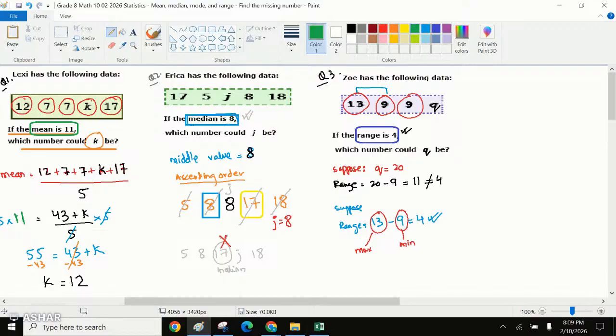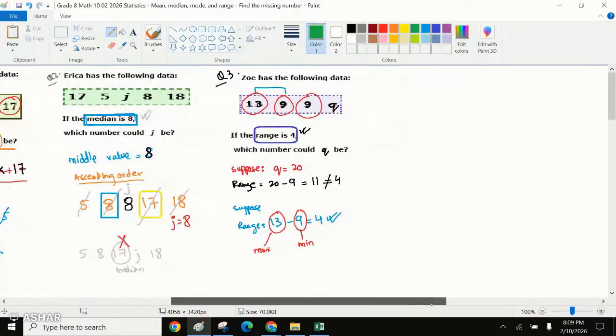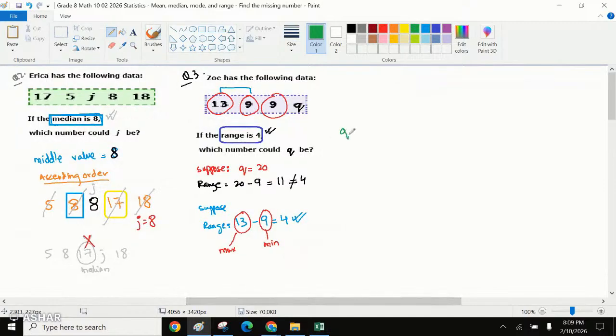So we know that the number Q has to be, Q is less than 13, right? Or Q is greater than 9, or Q is equal to 9 as well, right?